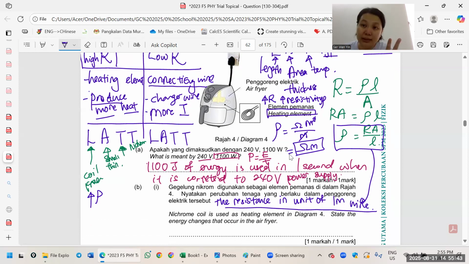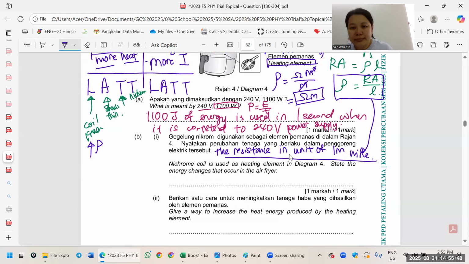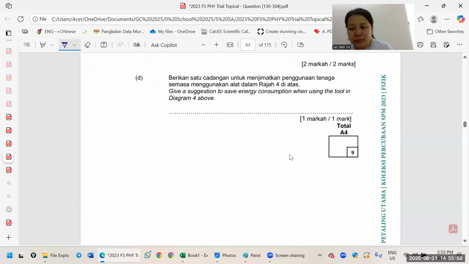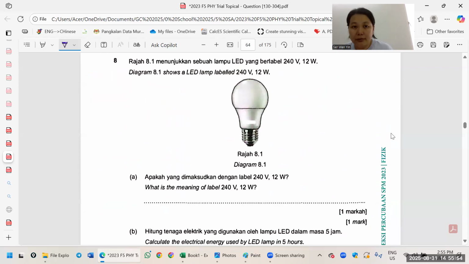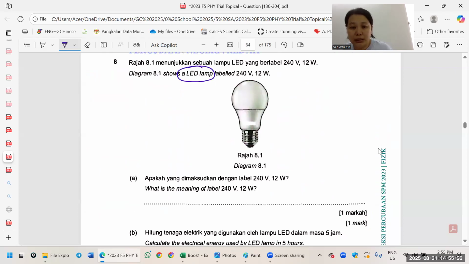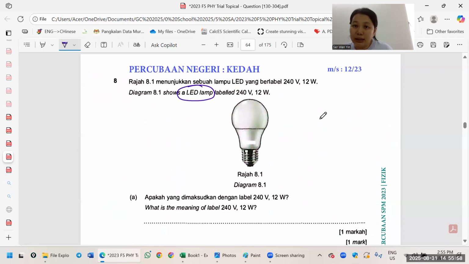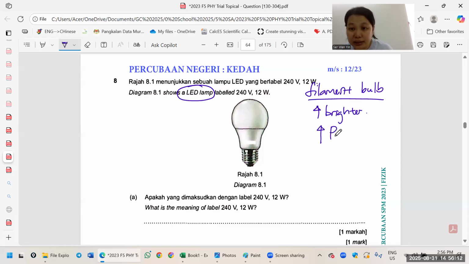You repeat twice also doesn't matter. Okay, then next, be careful. This is LED. Be careful, LED and filament bulb are different. If you want a brighter filament bulb, brighter means you must have greater resistance.